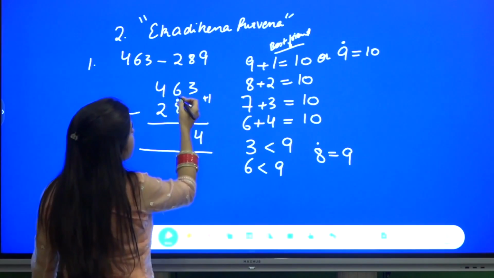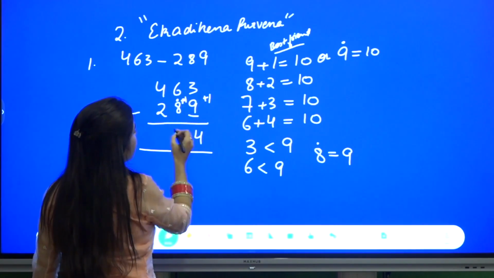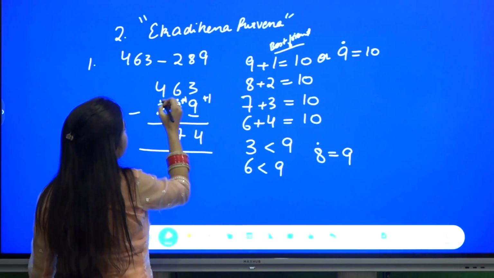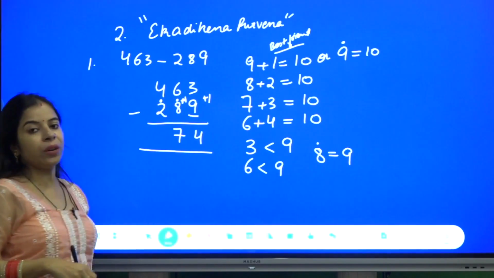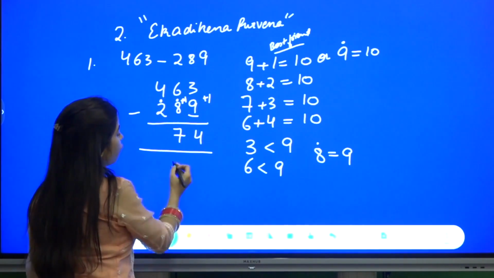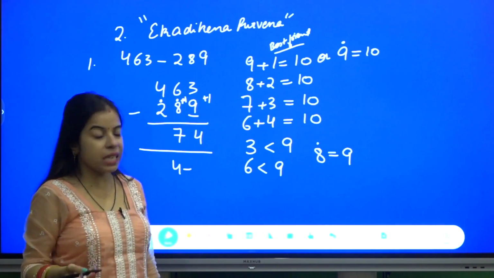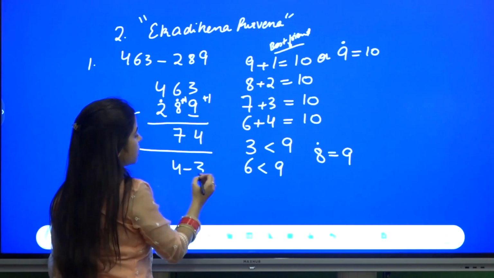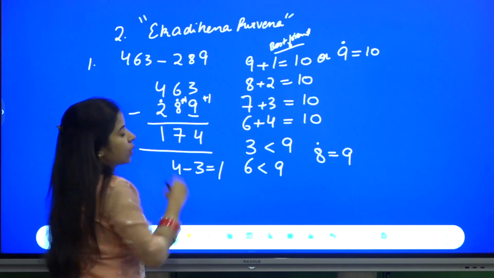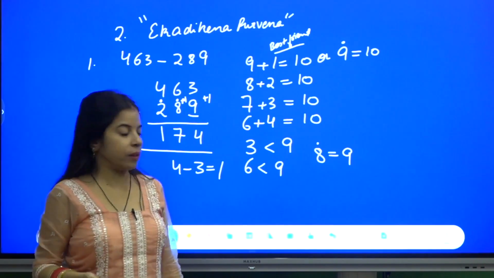So 6 plus 1 is 7, and we place a dot over 2. The last column is 4 minus 2 dot, 2 dot is 3. So 4 minus 3 is 1. So the final answer here is 174.